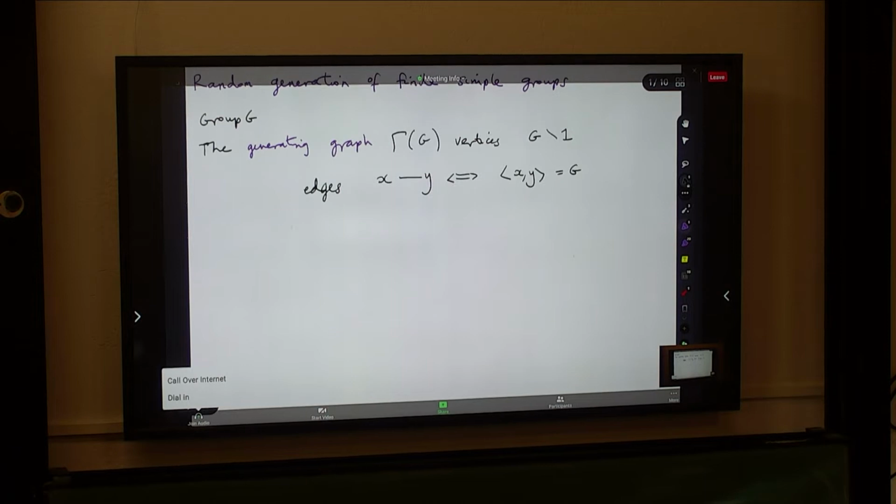Okay. So now let's make G finite. When G is finite, it's easy for me to define this probability.